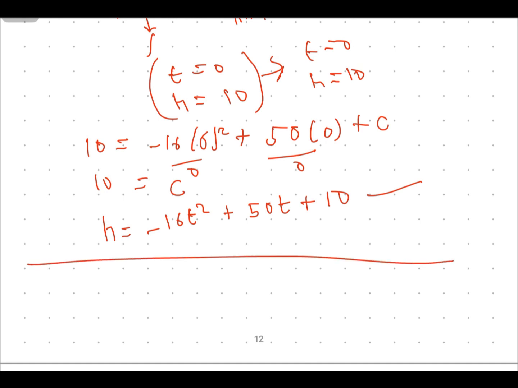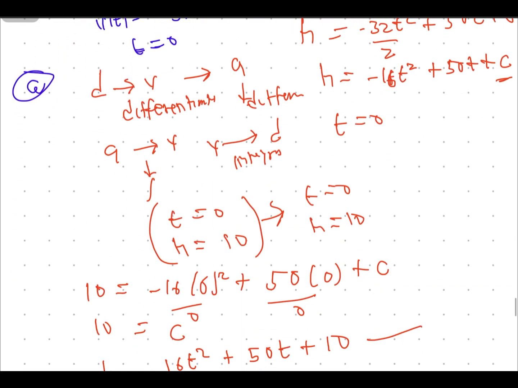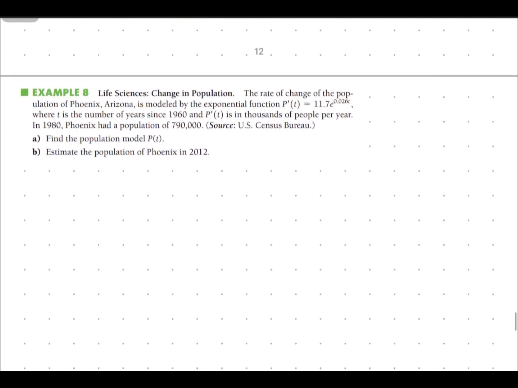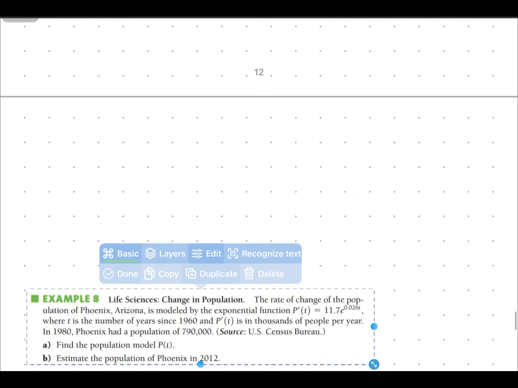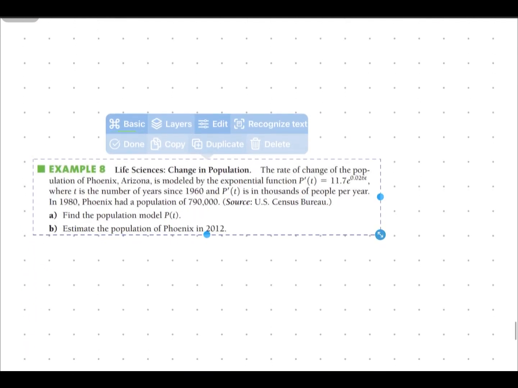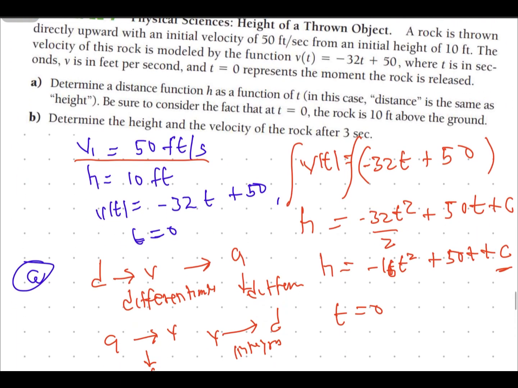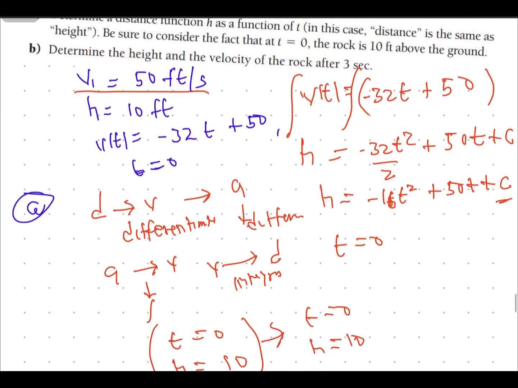The next question is: determine the height and the velocity of the rock after 3 seconds. We'll be solving this. So they said determine the height and the velocity of the rock after 3 seconds.